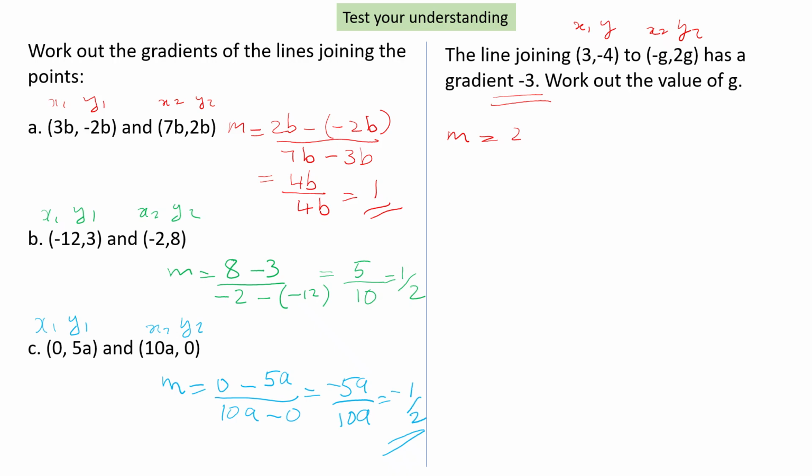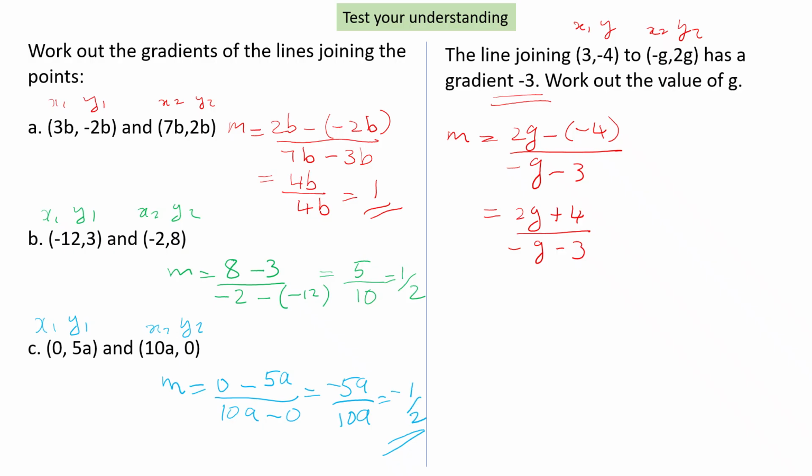So 2g minus 4 divided by minus g minus 3. So it is 2g plus 4 divided by minus g minus 3.